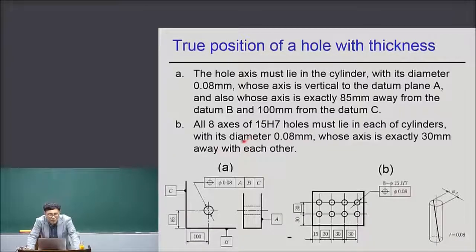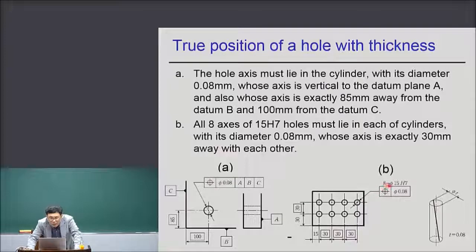All right? And also, in case of B, we can define that the axes of the 8 holes with diameter 15 millimeter and H7 dimensional tolerance must lie in each of the cylinders whose diameter is 0.08 millimeter and whose axes are exactly 30 millimeter away from each other in this case, you know.